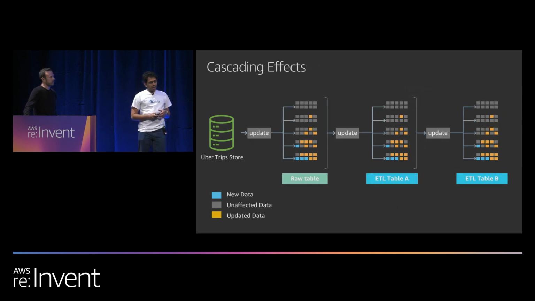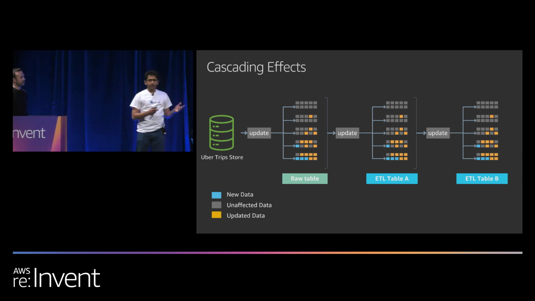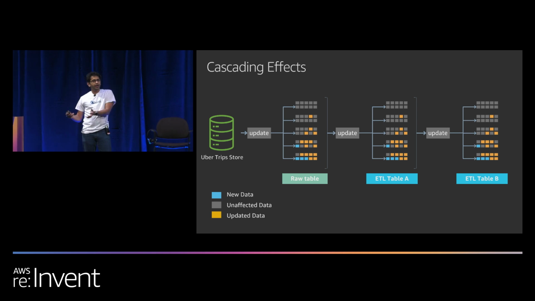And it doesn't stop there, right? Because usually once you ingest, you build more derived tables on top of it. For example, at Uber there are tens of trips tables which derive their own views of the raw trips table. For example, there was a table where the raw trips table has fares in the local currency, and you wrote a simple ETL job to standardize all the currency to USD.